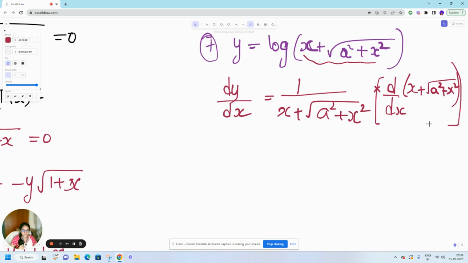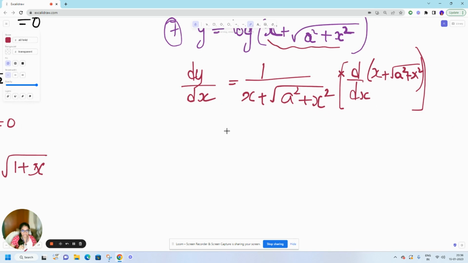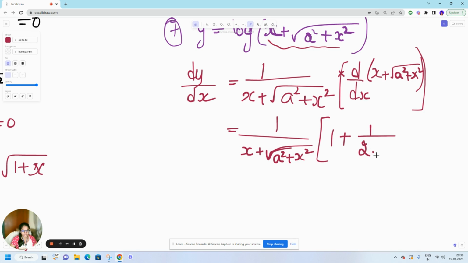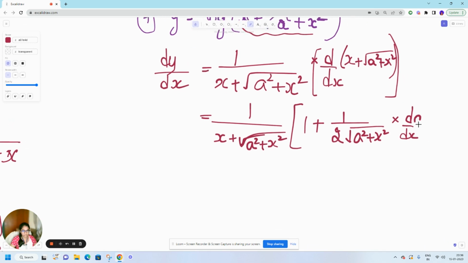Let me write this as it is, 1 divided by x plus square root of a square plus x square. What is the derivative of x? That is 1, plus, what is the derivative of square root of a square plus x square? Let me apply chain rule directly. That is 1 divided by 2 square root of a square plus x square into the derivative of a square plus x square.